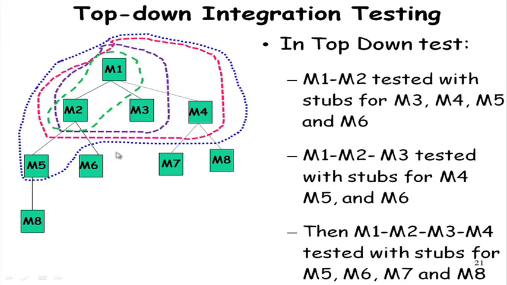One advantage of top down integration testing is that the test cases are actually meaningful use cases, because we are testing the top level functionality here, and also we reuse the same test cases as we integrate more and more modules. Earlier, when we were testing the bottom level modules, we needed different types of test cases to check whether these are working, but here we just keep on running the same test cases while adding new modules and check whether those are working.